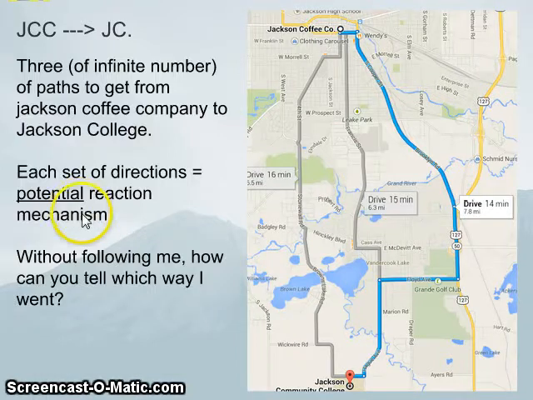So you can never prove a mechanism, but you can disprove a mechanism. You can never prove that this is the actual mechanism. Sorry, that's why they're always potential, but you can disprove them.